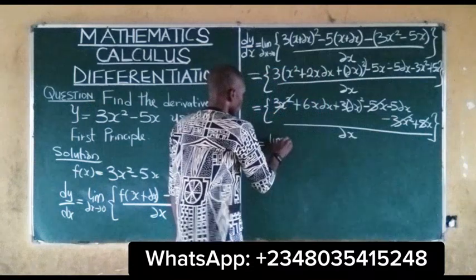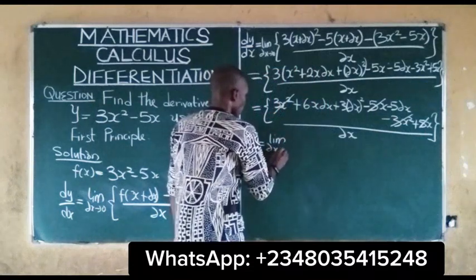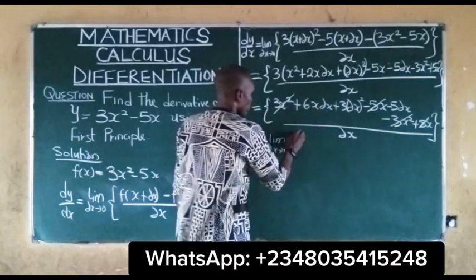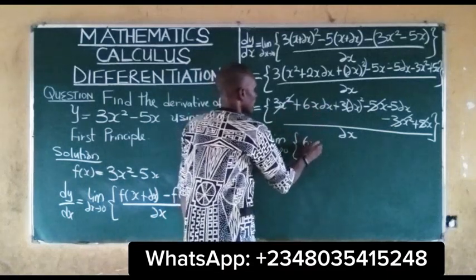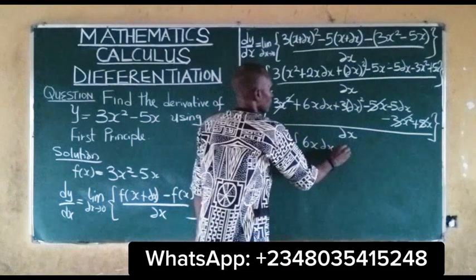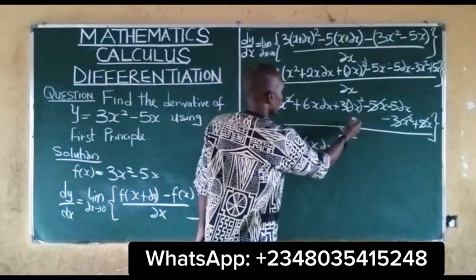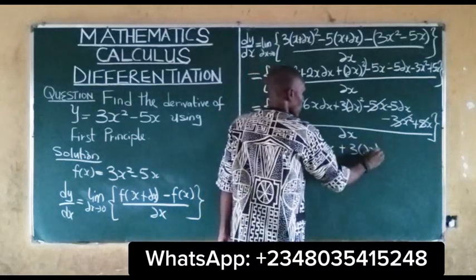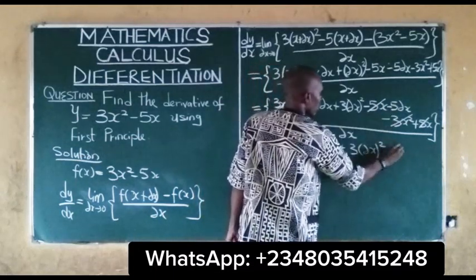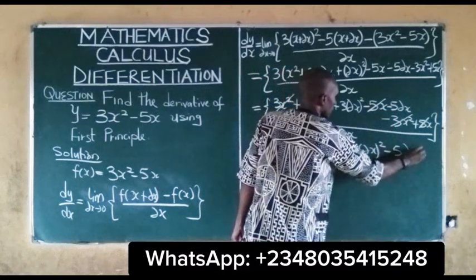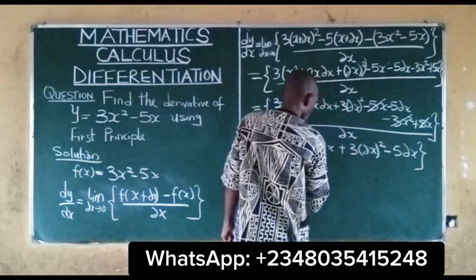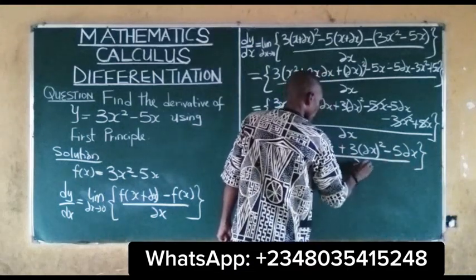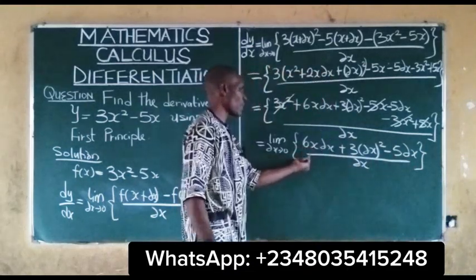the limit as dx tends to 0. We have 6x dx plus 3 dx all squared minus 5 dx. This is what we get all over dx. Of course, we can bring out the dx.